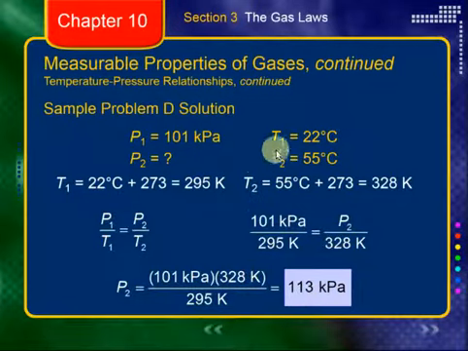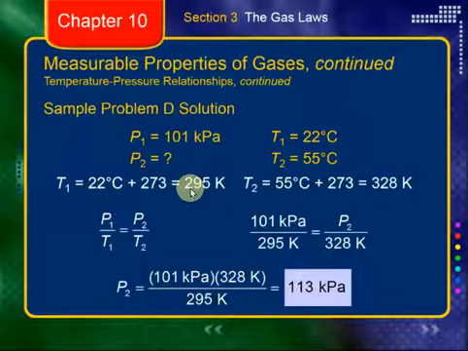Also, another way you can see if this makes sense, remember that Gay-Lussac's law is a direct proportionality. It's a direct relationship. So as one term decreases, the other will decrease in the same way. If one term increases, the other one will increase in the same way. So notice how we have an increase in temperature from 295 to 328. We should see an increase in pressure, right?